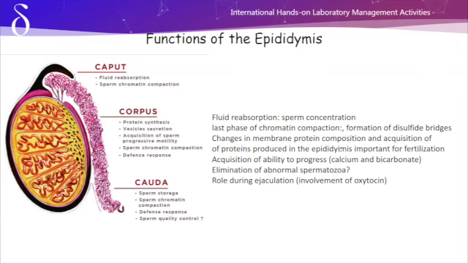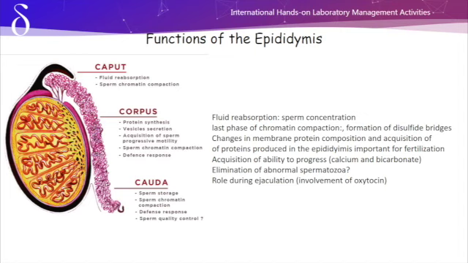As I said before, protamines are basic proteins that contain many cysteines, and what happens in the epididymis, both in the caput and in the corpus, is the formation of a disulfide bridge within the cysteines.